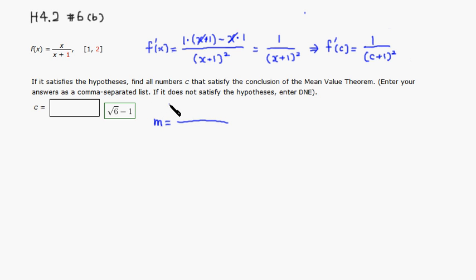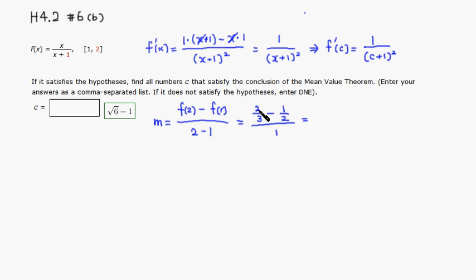You simply plug in: f of 2 minus f of 1 over 2 minus 1. f of 2 is 2 over 2 plus 1, so 2/3, minus f of 1, which is 1 over 1 plus 1, so 1/2. The denominator 2 minus 1 is 1, which doesn't do anything.